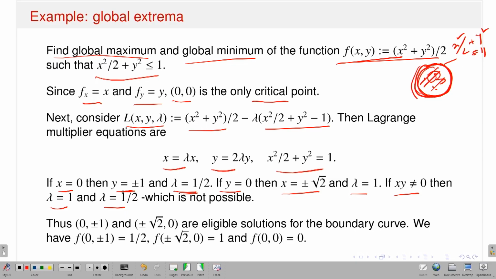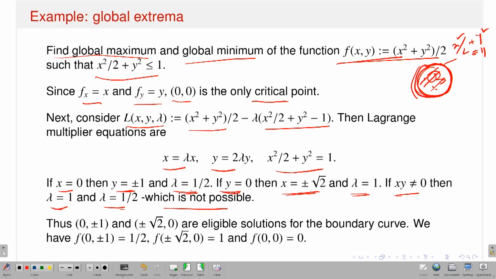If x is equal to 0, then y has 2 possibilities, lambda is equal to half, and if y is equal to 0, then x is equal to plus minus root 2 and lambda is equal to 1. Now if x,y is non-zero, which I want, because if one of them is 0 it falls into the previous cases, then you will have lambda equal to 1 and lambda equal to half, which is not possible. Why?